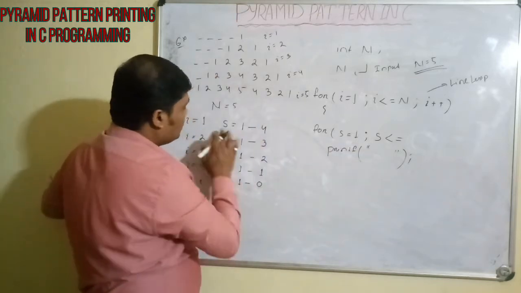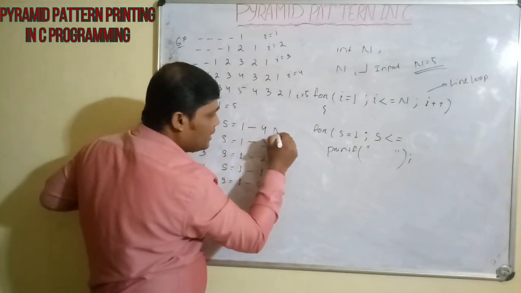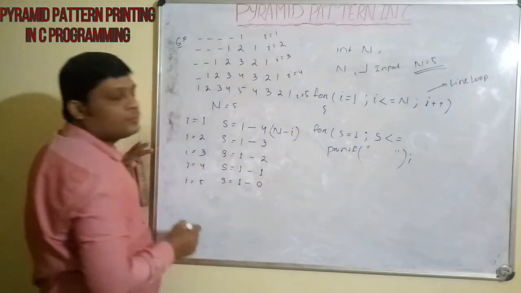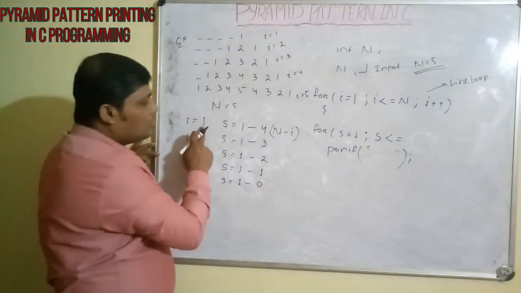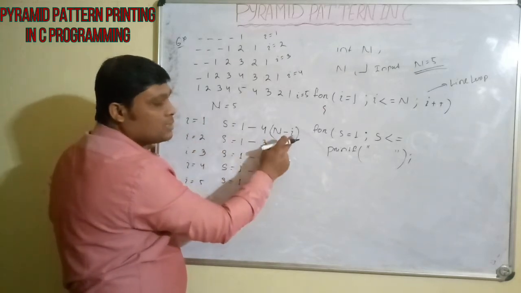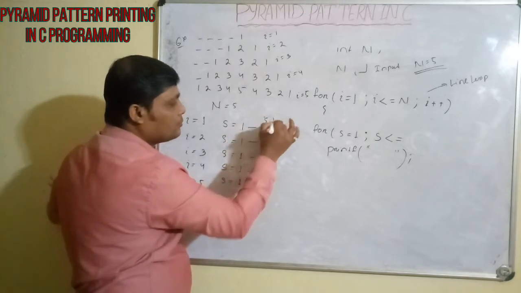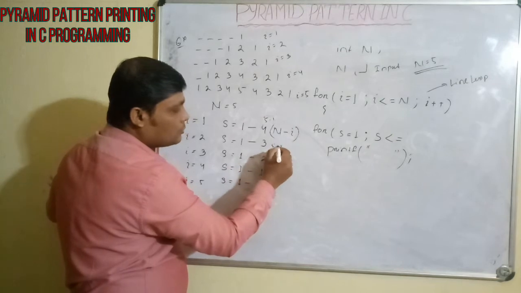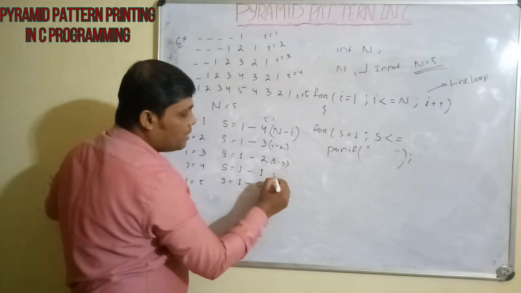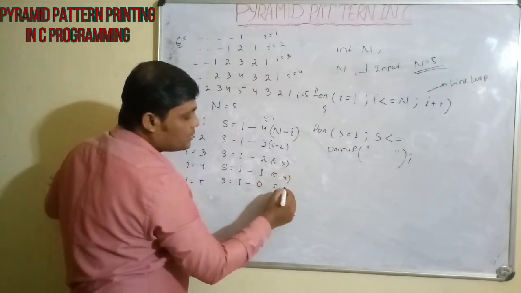Now see. When i equal to 1, space starts from 1 and ends with 4. I can write it as n minus i. You can see this relation. i equal to 1 starts from 1 and ends with n value 5 minus 1. That means 5 minus 1, this is 5 minus 2, this is 5 minus 3, this is 5 minus 4, this is 5 minus 5.